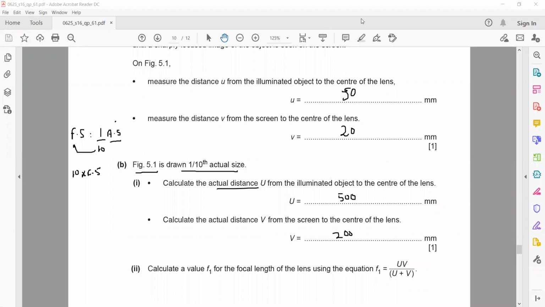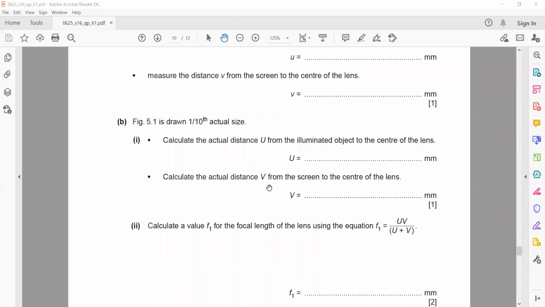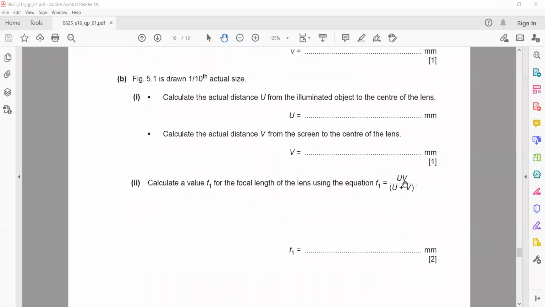In the next part, calculate a value of f using the formula capital U times capital V divided by capital U plus capital V. So this was 500, this was 200. So 500 multiplied by 200 divided by 500 plus 200. What is the answer for focal length?